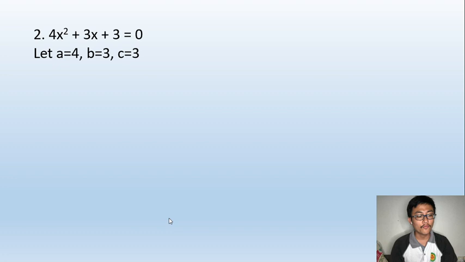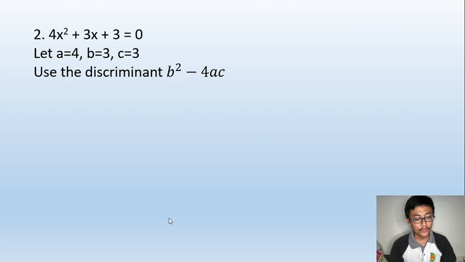Okay? Let's have the second example. So we have 4x squared plus 3x plus 3 equals 0. So we let a equals 4, b equals 3, c equals 3. So we use the discriminant b squared minus 4ac.